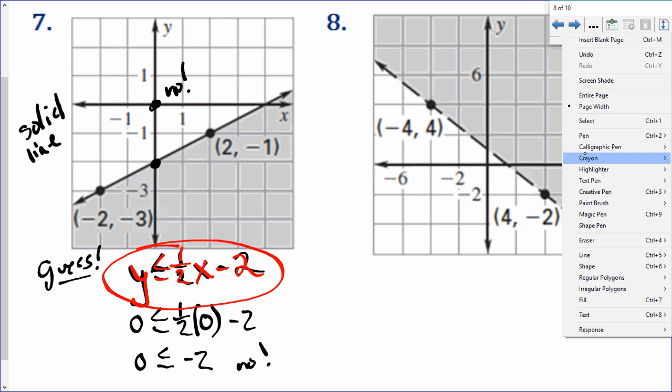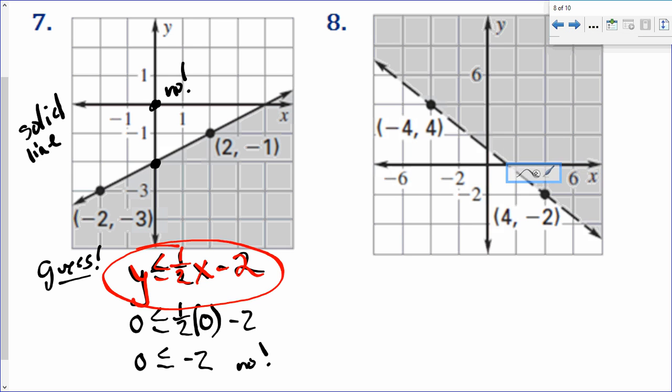For my next problem, we've got to do y equals mx plus b. I see that this is crossing at, what is it, 6, and then 4, and then 2, and then 0. So this looks like it's crossing at a +1. I also see that to go from one point to the next, I'm at 1, and I go up to 4.